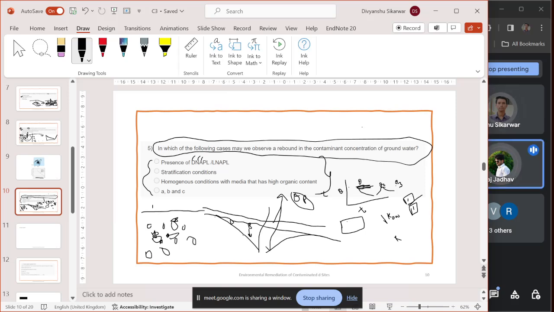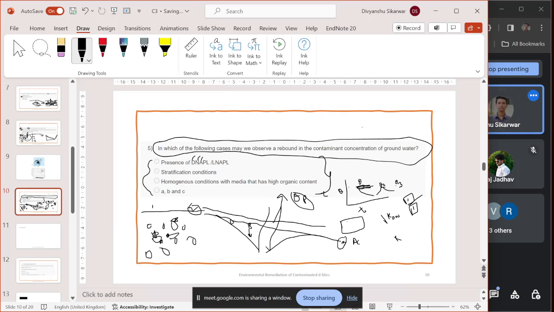This is the reason there will be contamination in groundwater again and again, slowly, because of the nature of the contaminant, as it is not completely aqueous. So this was the second case, and there is a third case.